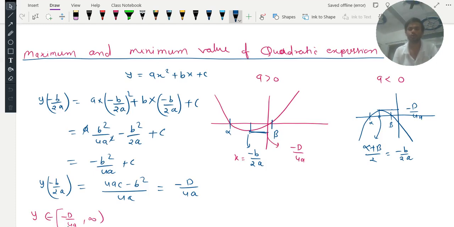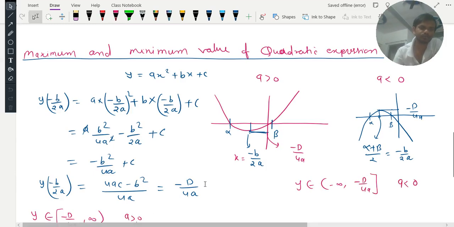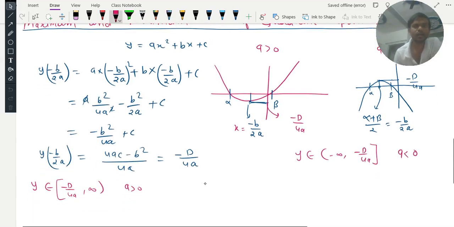So the maximum value will be minus D upon 4a and the minimum value will be minus infinity. So the range of y belongs to minus infinity to minus D by 4a when a is less than 0, and this is when a is greater than 0. So this will be the maximum and minimum value. This will be the range of a quadratic expression.